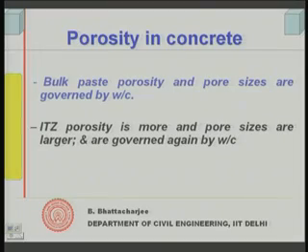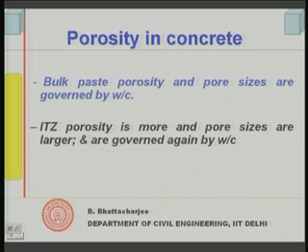There are fissures existing right in the beginning, and the higher the water cement ratio, bleed water trapping would be more, the packing characteristics, the wall effect, all these effects would be even more, leading to more ITZ porosity. So, bulk porosity is governed by water cement ratio, ITZ porosity will always be more than the bulk porosity, and it is also governed by water cement ratio. So, water cement ratio therefore governs all the porosity in concrete system.